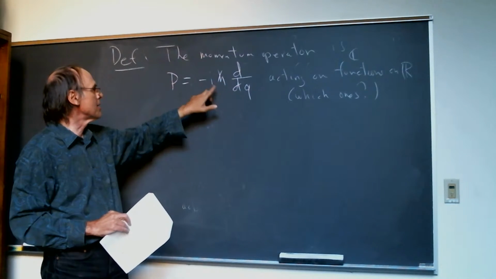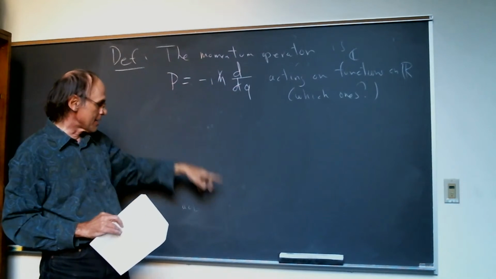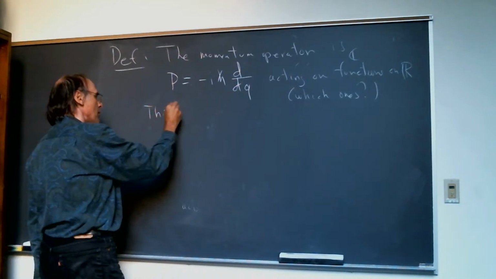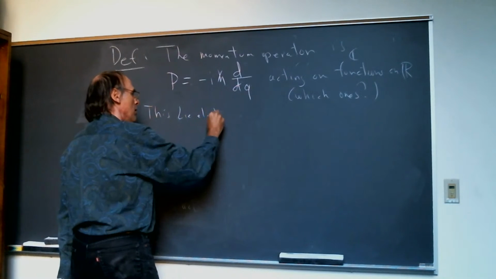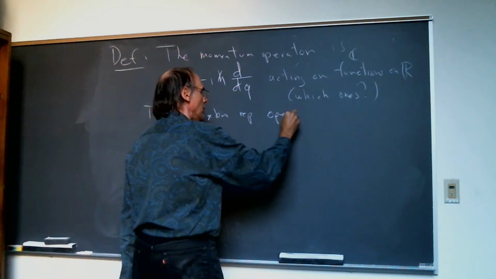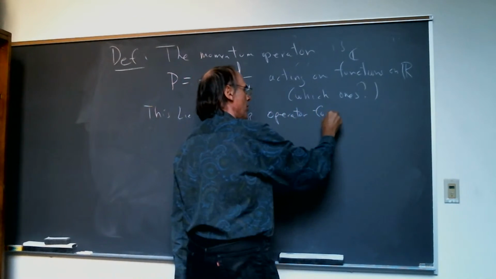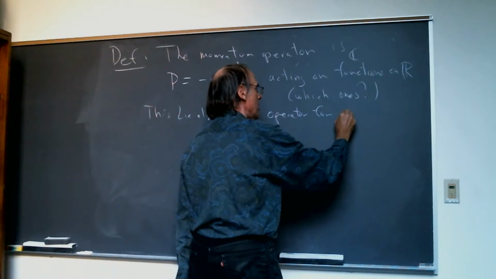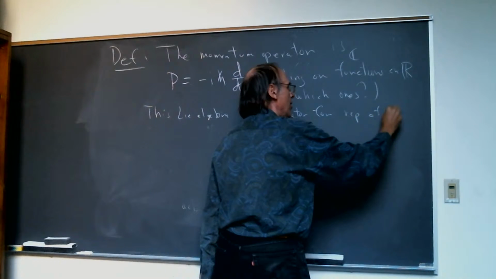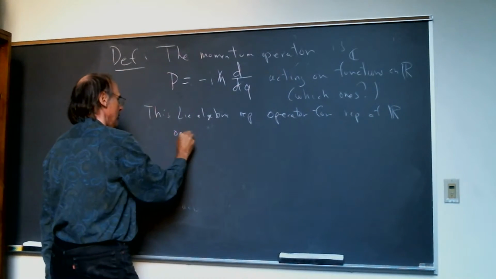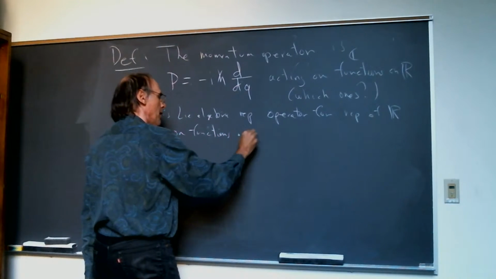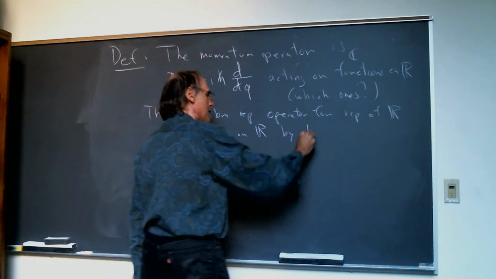Up to this, as I explained below, this is the Lie algebra representation operator for the translation, so for the representation of R on functions on R by translation.